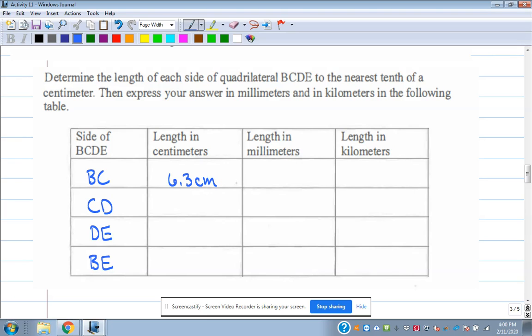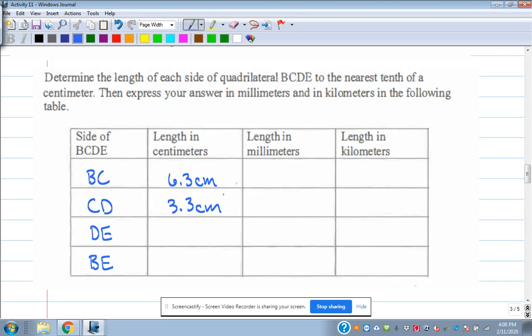I got 3.3. 3.3 is what I've got. You got 3.4. That's really close. I'm going center of dot to center of dot. And to me, the dot on D is in between the 2 and the 3, closer to the 3. I'm going to go 3.3.